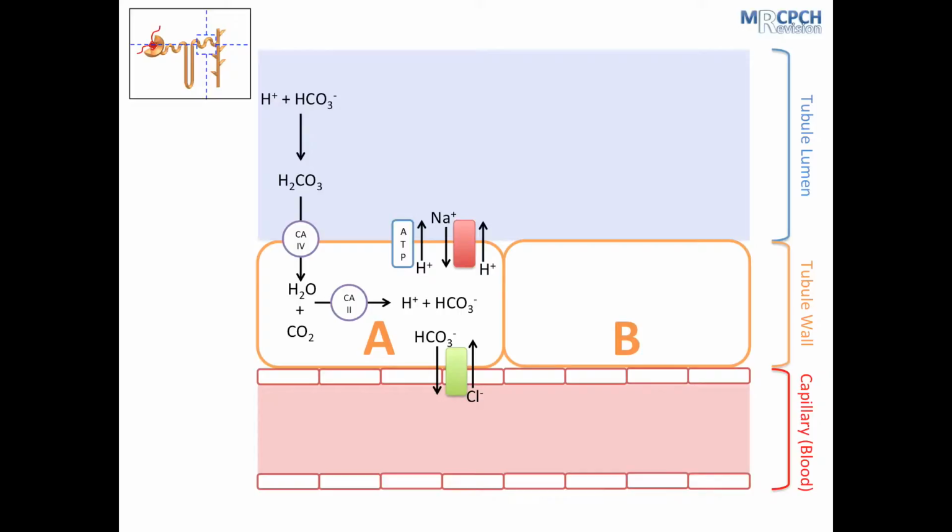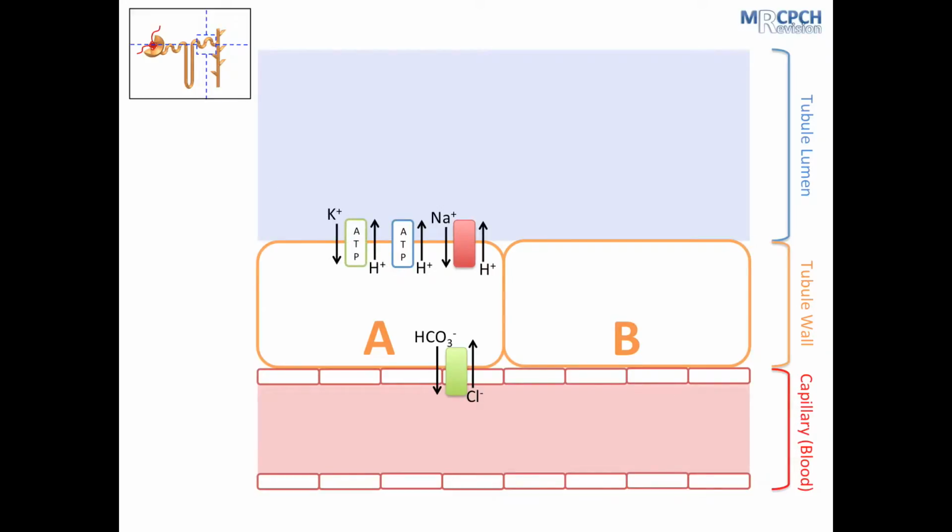Unique to the type A intercalated cell is a potassium proton exchange ATPase. So here you can see that in the type A cell, we can secrete the protons generated by the carbonic anhydrase into the urine in exchange for sodium, potassium, and it can be actively transported across on its own. And just like in the proximal convoluted tubule, the bicarbonate is exchanged for chloride and reabsorbed.